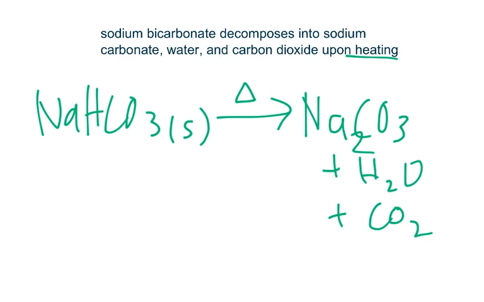Now I wrote it down here because I was running out of space, but if you can, just write it off to the side and don't do what I'm doing. I'm just doing what I'm doing because I ran out of space. So let's try to balance this. So on the left-hand side, we have 1 sodium. And what do we do about the carbonate? Do we want to keep it as it is, or do we want to separate it?